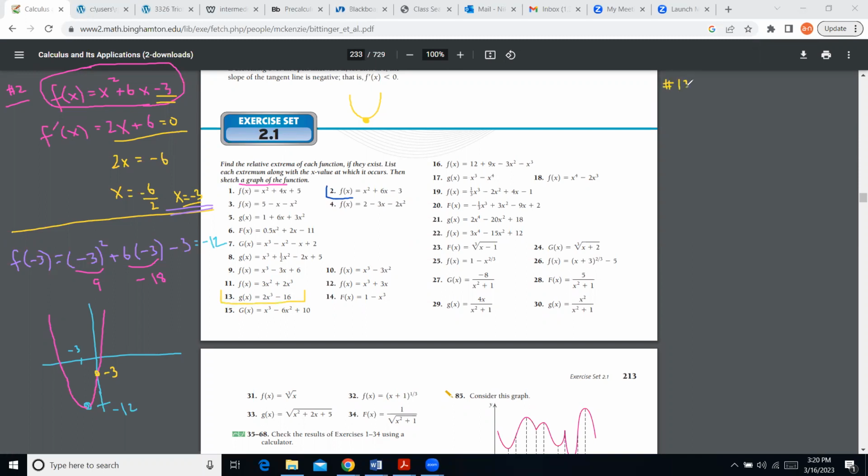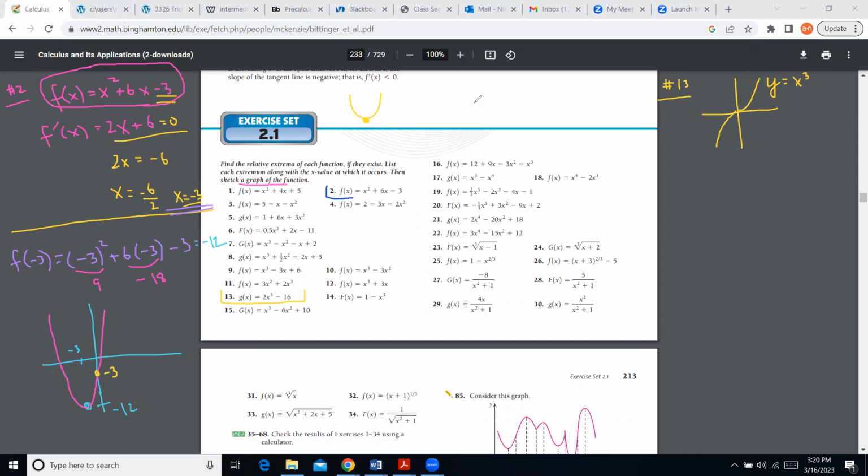Another problem, but now we have x cubed present in it. So let us graph something that is in the same shape as a cubic parabola, which is going to be something like that, right? x cubed.